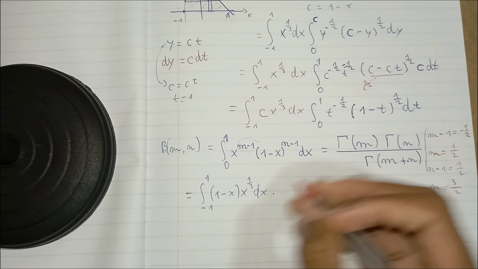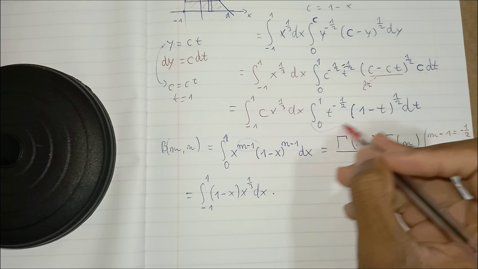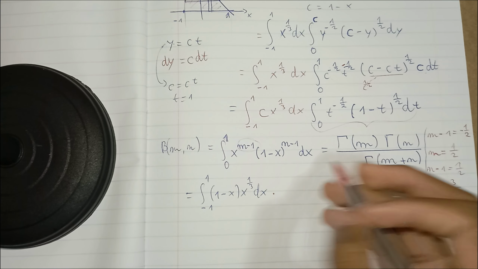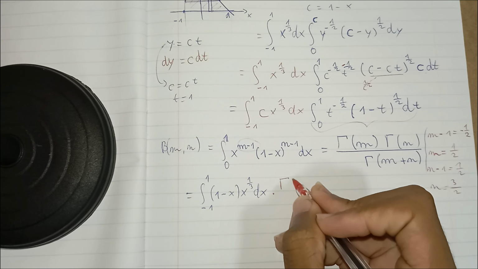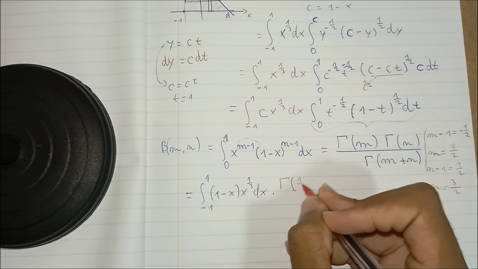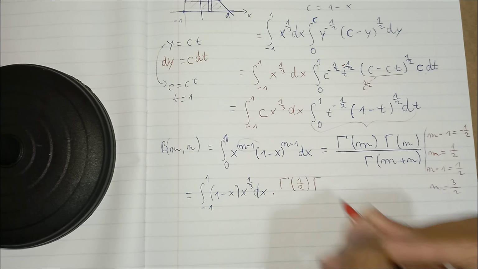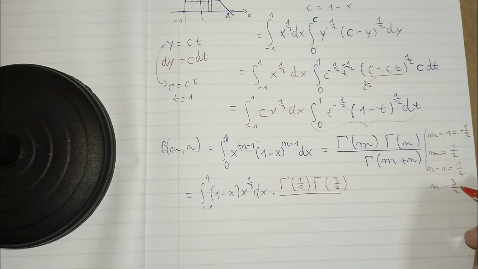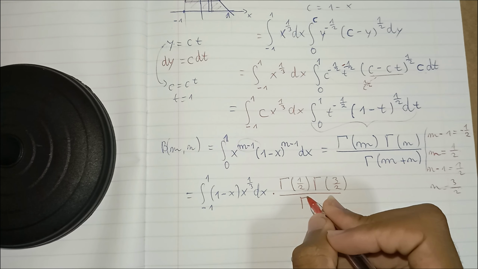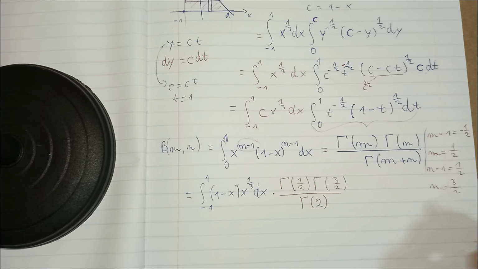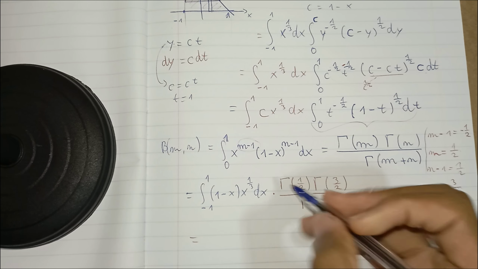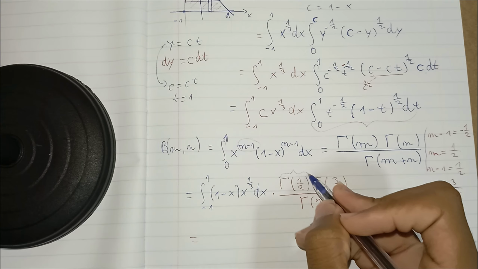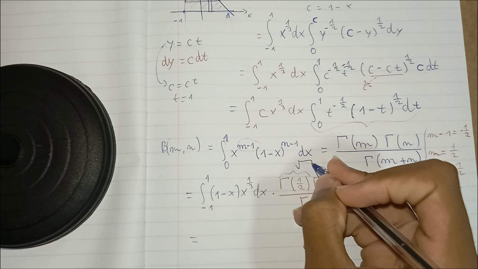Now I can say that this whole integral is equal to gamma of 1 over 2, gamma of 3 over 2, over, if we add these, gamma of 2. This gamma of 1 over 2 is equal to square root of pi.